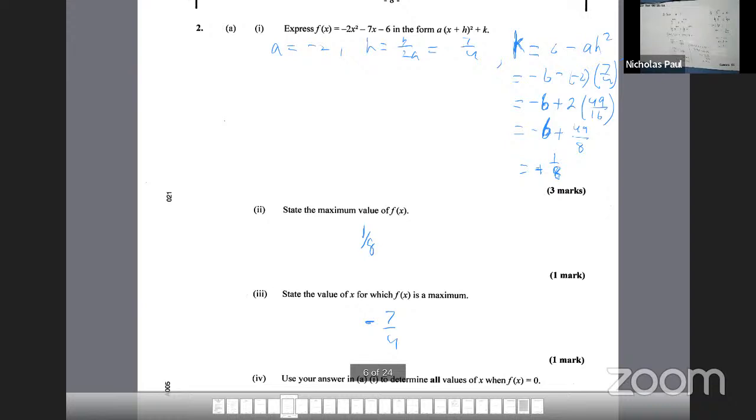And the last part, use your answer to determine all values of x whenever y is 0. So you're basically taking -2x squared minus 7x minus 6 and making it equal to 0. But they want you to use your answers in part 1.